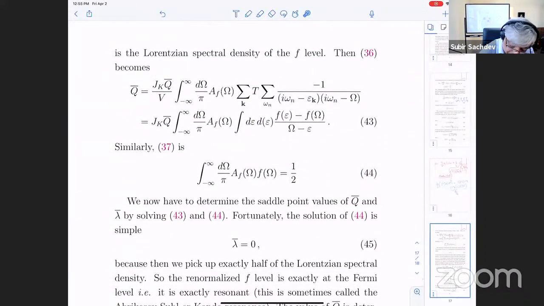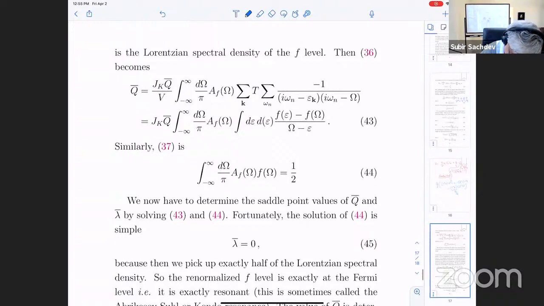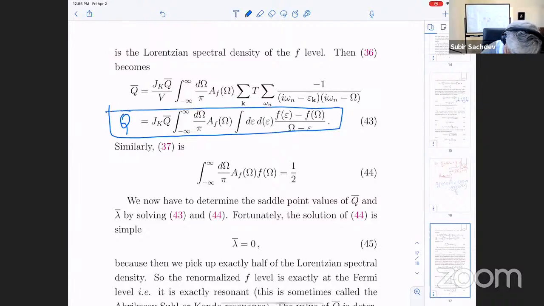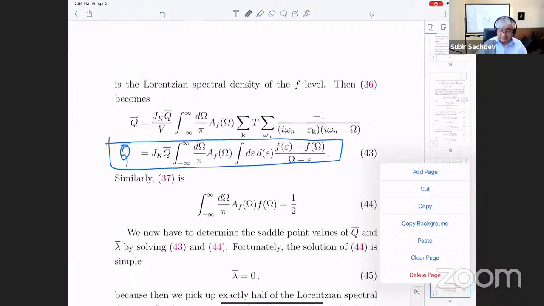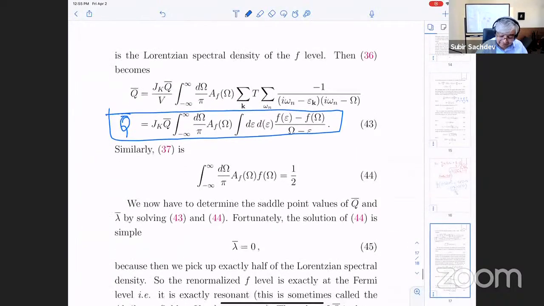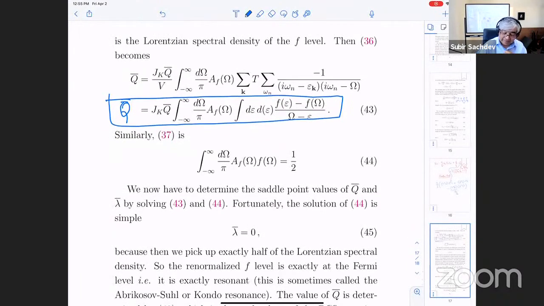So here's the equation for Q bar that we want to solve. That's the new thing. All the non-trivial stuff is in this equation. So what are the ingredients? These are just integrals over Fermi functions. This comes from the Lindhard response function between the conduction band and the D level.